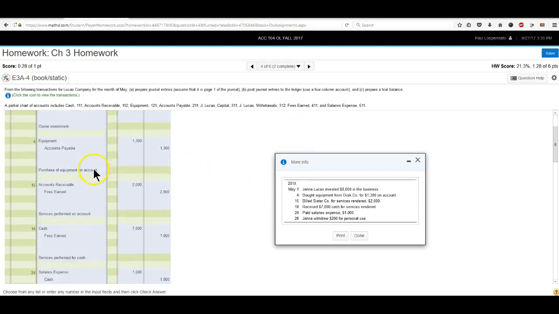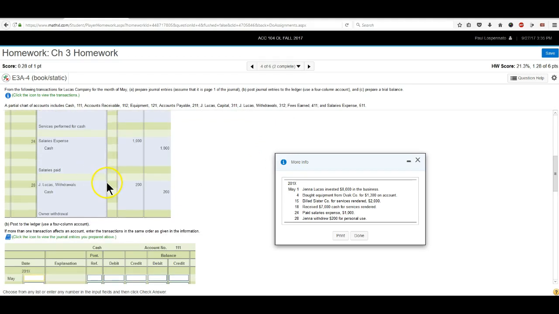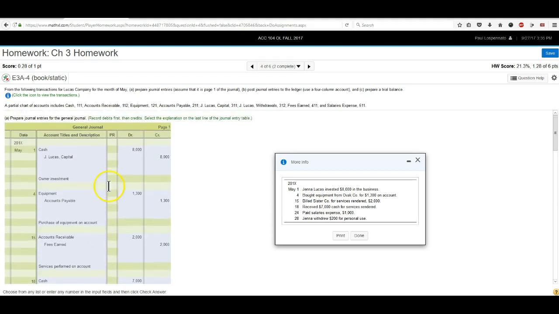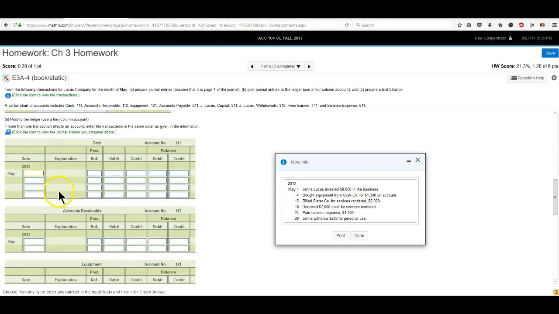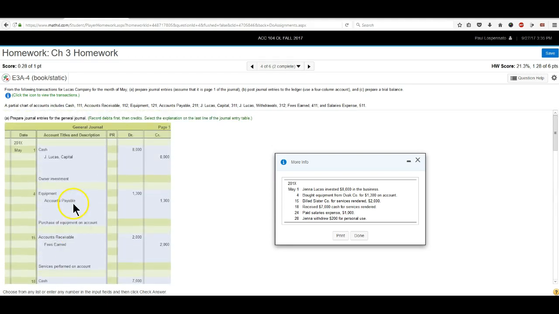So you've journalized the transactions for the month, and now it's time to do the second step, which is to post every transaction to the general ledger, which is shown below. The transactions came from journal page 1, so that's going to be our reference when we go to the ledger, as you'll see in a moment.